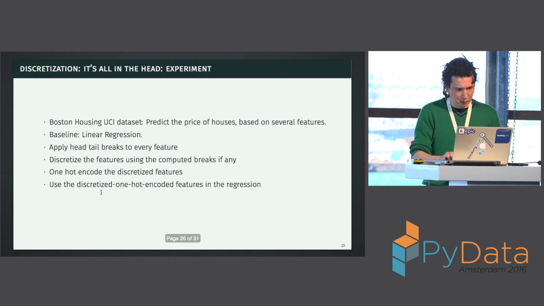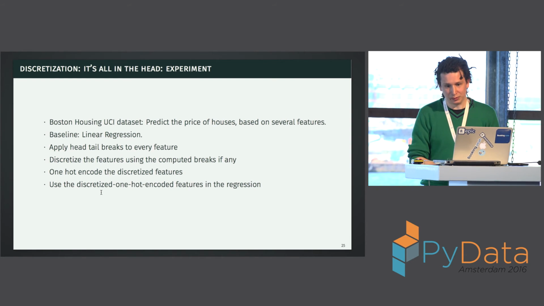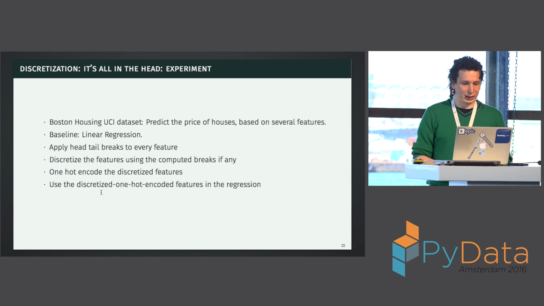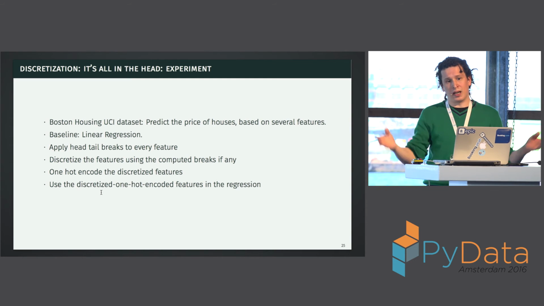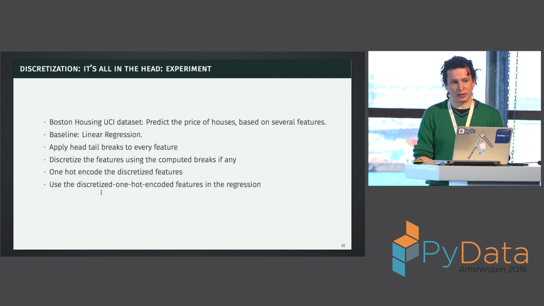Now, again, to convince you that this is useful somehow, even without confidence intervals, I designed this experiment in which I used the Boston housing dataset from UCI. This dataset has houses with features and the price, and the task is to predict the price of the house. I use linear regression as a baseline.